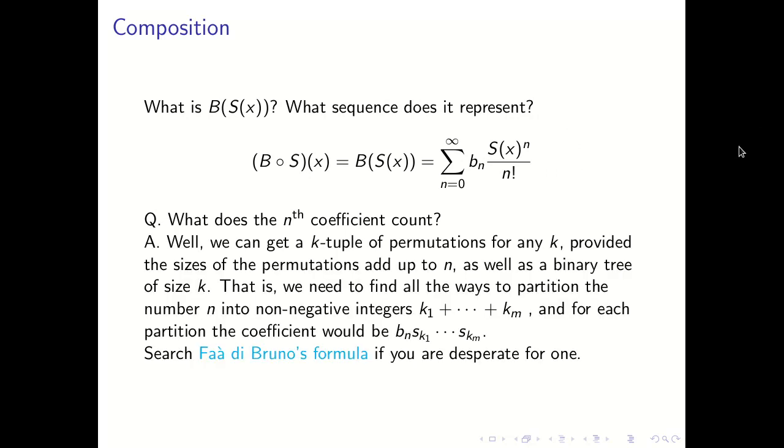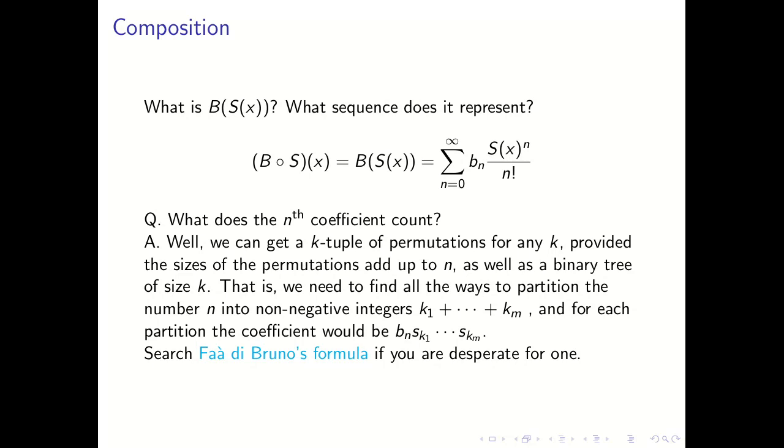Since we've got a product here, and since we're doing this sum with s of x to the n, we can always get a product of an s by itself, or an s times an s, or an s times an s times an s.